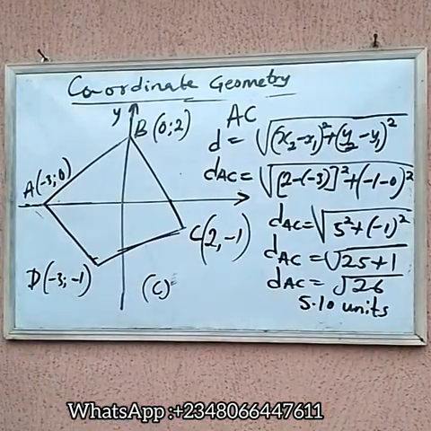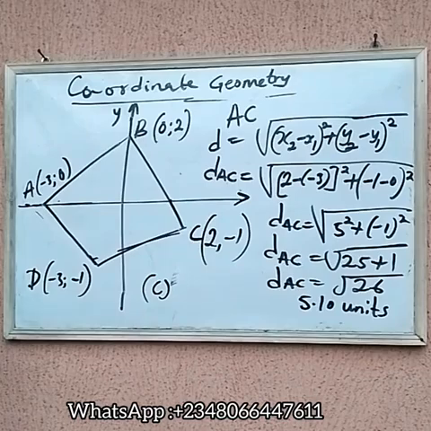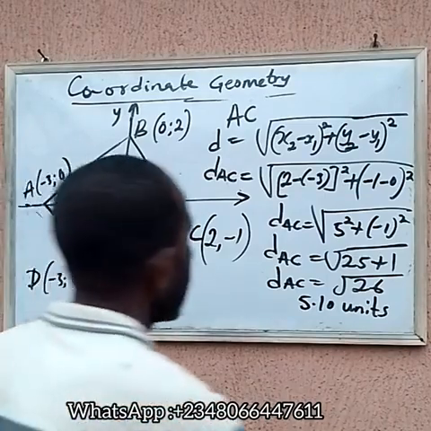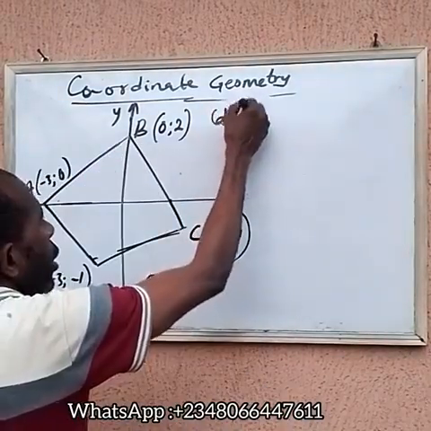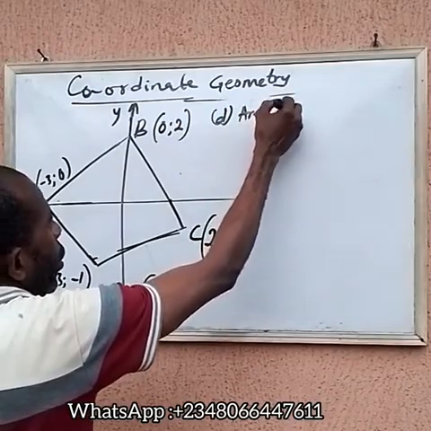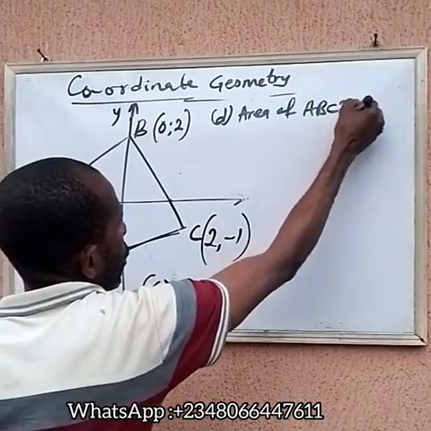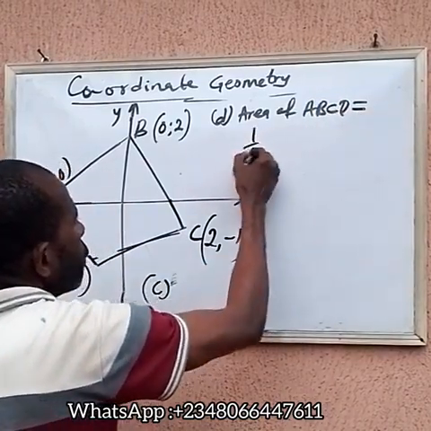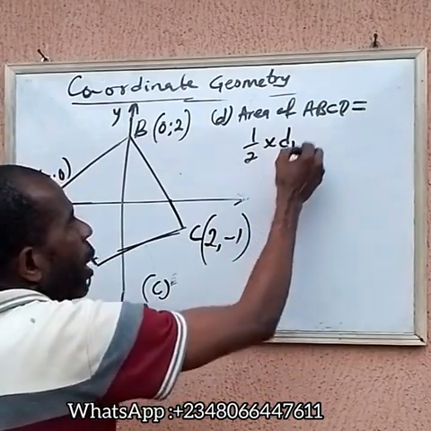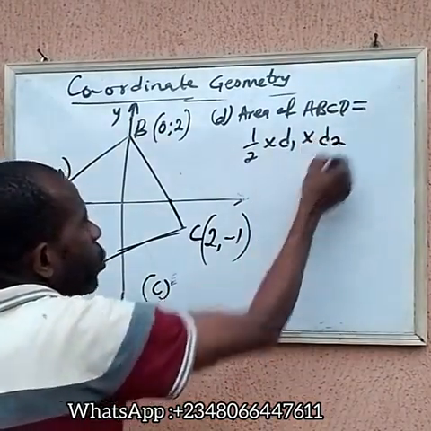Then the other one says D. If ABCD is a rhombus, calculate the area. All right, let's calculate the area. Area of ABCD is equal to half times diagonal 1 times diagonal 2.